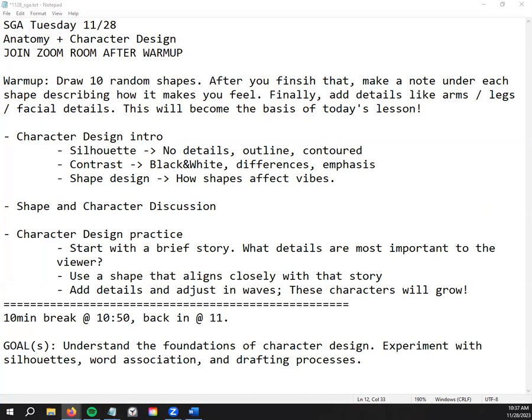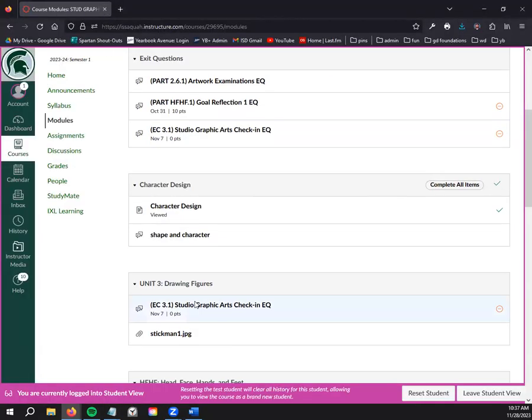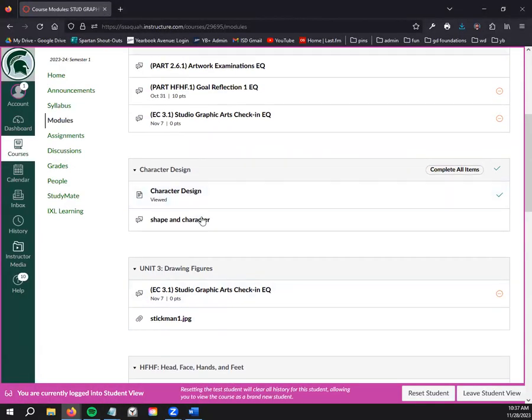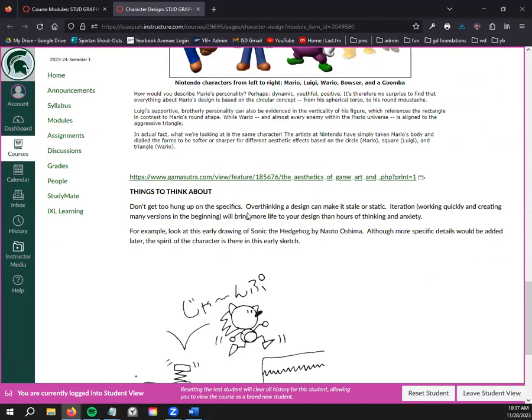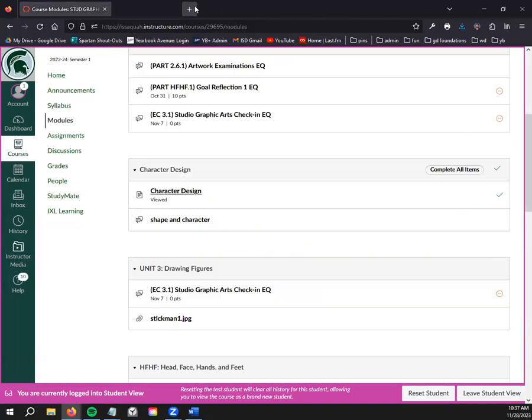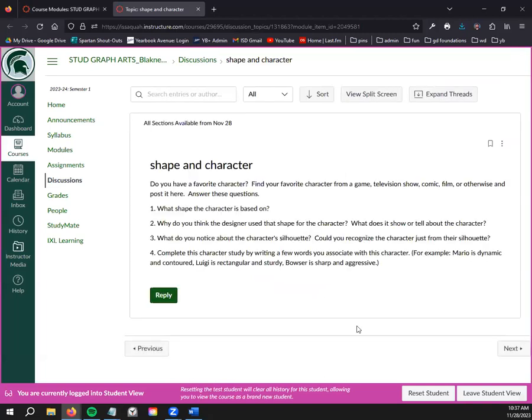There we go. Right on the top of drawing figures, there's a character design module. We just went through this page. So if you're interested in some of those links or a more detailed breakdown of that stuff, you can check that out. But there's this shape and character discussion here that I want you guys to answer in the next 13 minutes or so. We'll take our break, and then we'll start on some actual character design processes in the Zoom room.